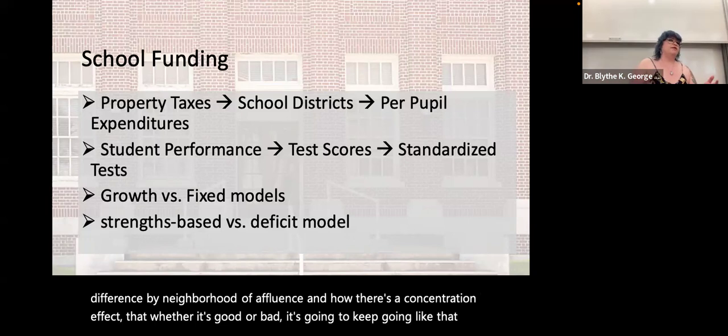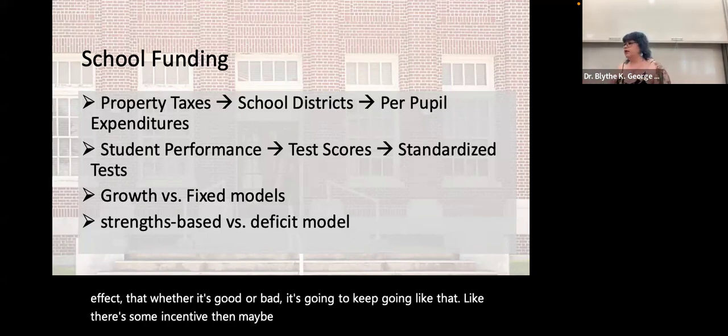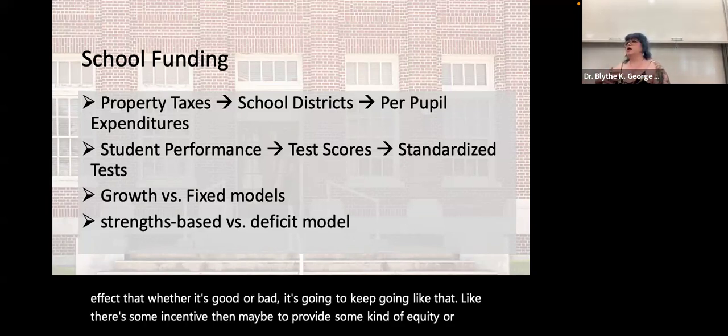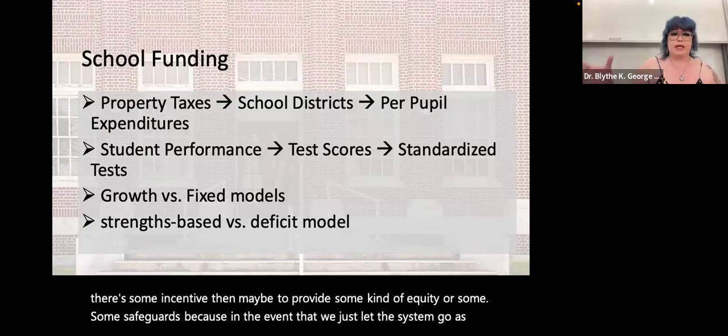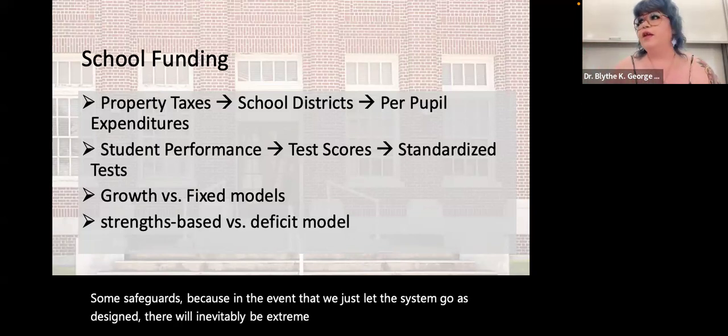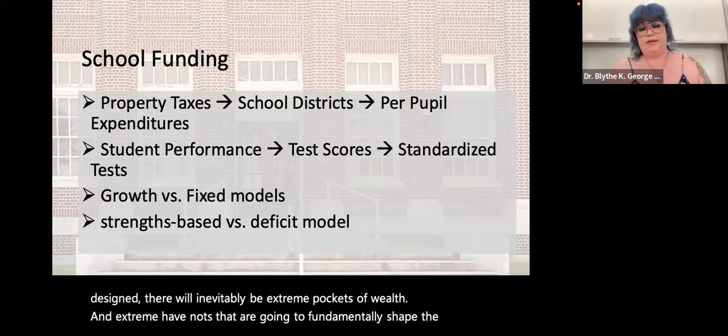Like there's some incentive then maybe to provide some kind of equity or some safeguards, because in the event that we just let the system go as designed, there will inevitably be extreme pockets of wealth and extreme have-nots that are going to fundamentally shape the education experience.